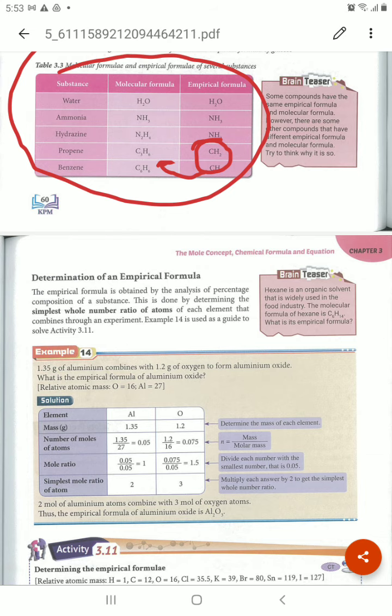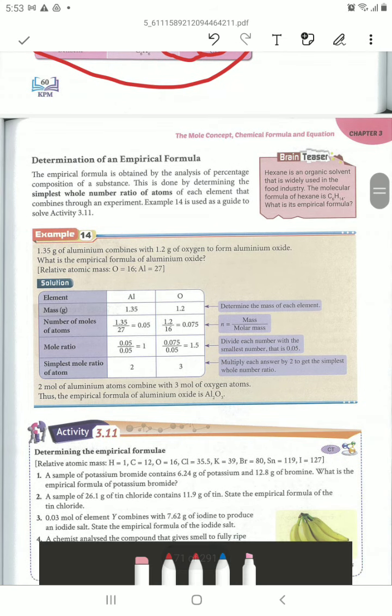What is the empirical formula for aluminium oxide? For this type of question, you need to do calculation to find out the empirical formula.